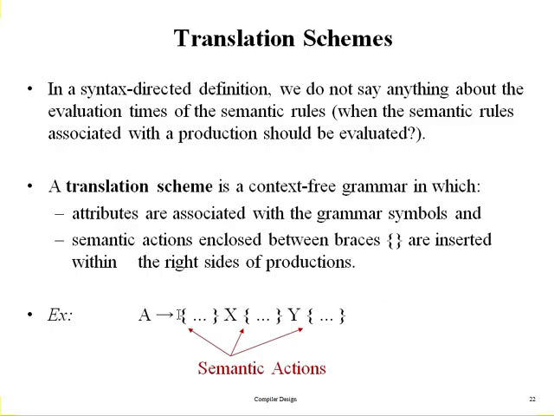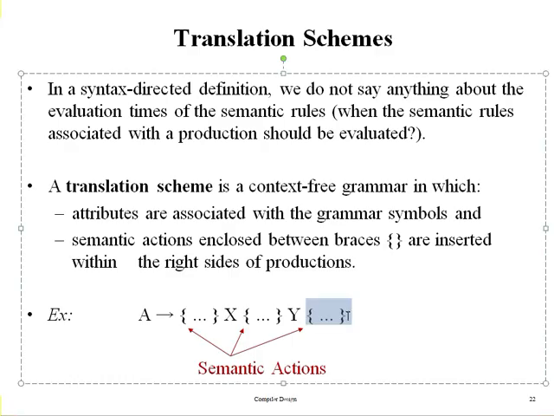For example, if we have a grammar production rule, A derives X Y, we may put a semantic action before X. We can also put a semantic action between X and Y, or we can put semantic actions after Y at the right end of the production rule.